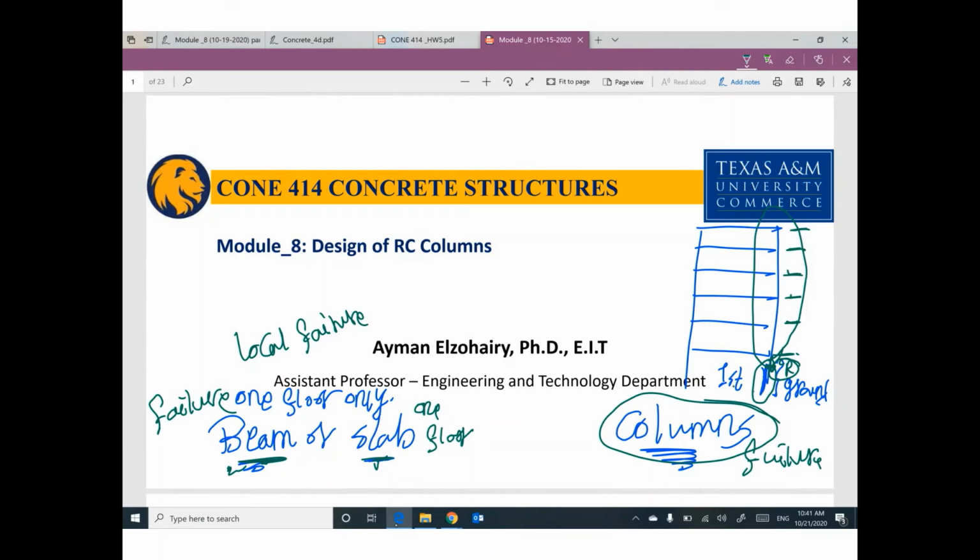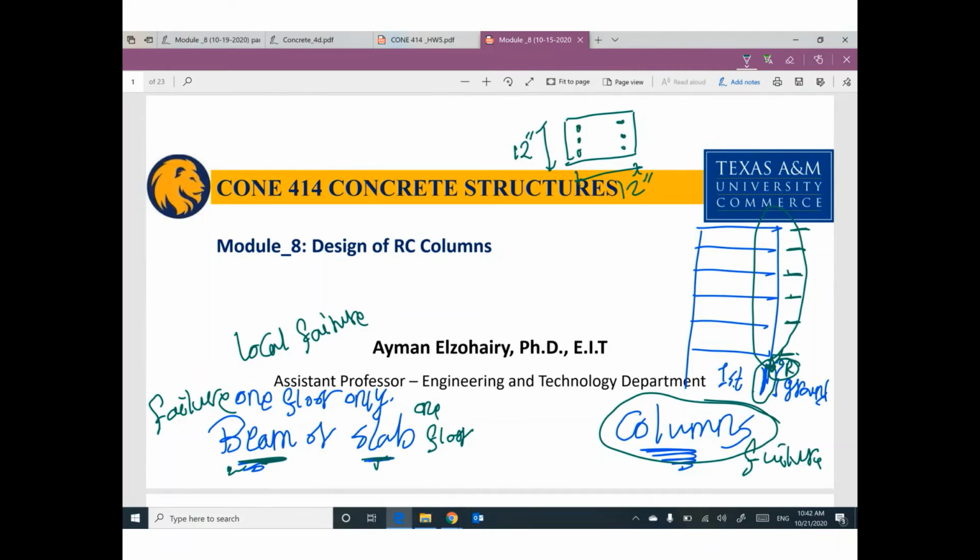So make sure you are designing columns correctly. Make sure to be generous, more generous with designing a column, because some of you will say, hey, the design gives me a dimension of this column. The calculations exactly give you 12-inch by 12-inch, and the area of steel is 3 and more. Be more generous.